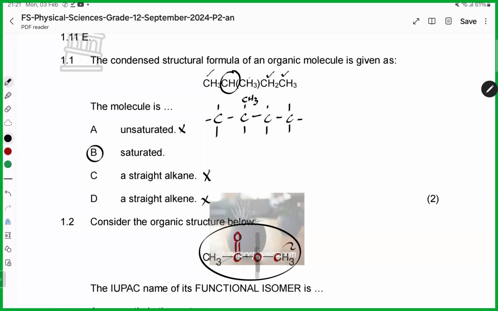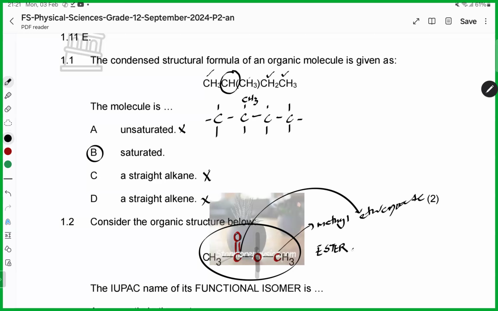That's your single bonded side, so that's methyl there. There's your double bonded side. That's ethanoate. So that's methyl ethanoate there. This is an ester.